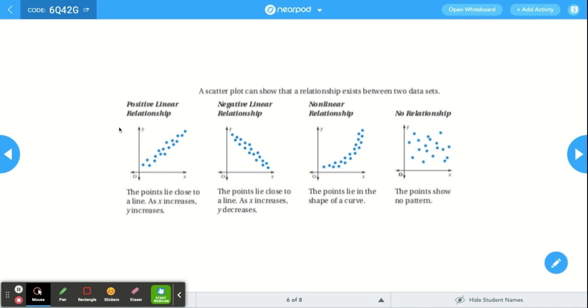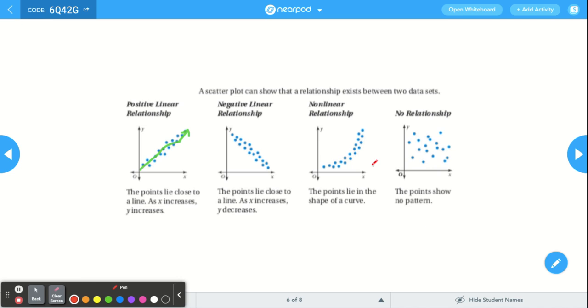We have a positive linear relationship, which means that as the points get increased on the x-axis, the y-axis numbers increase as well. So you can see it's going up in a straight line like this. As we go higher on the x, we go higher on the y.